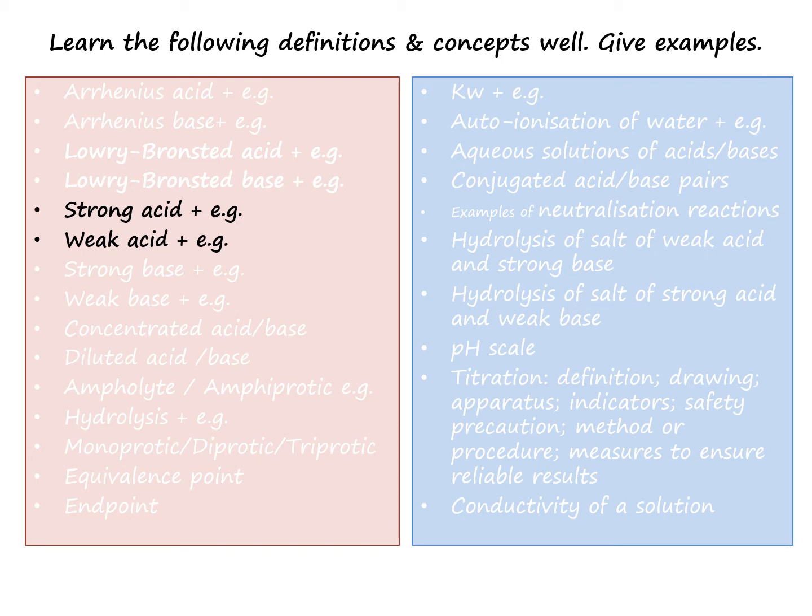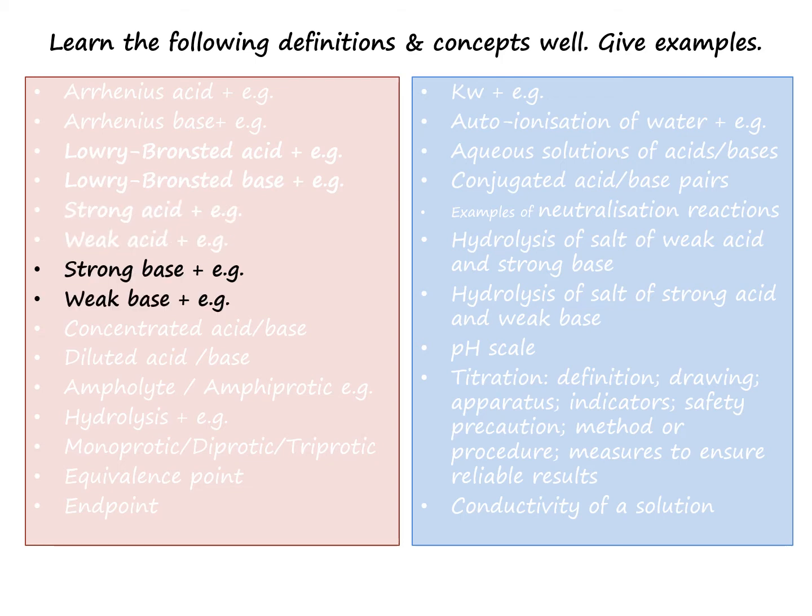Weak acids ionize incompletely in water to form a low concentration of hydronium ions. Examples of weak acids are ethanoic acid, CH3COOH, and oxalic acid, (COOH)2.